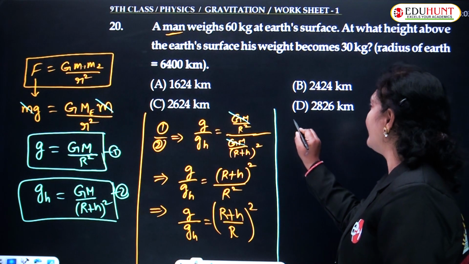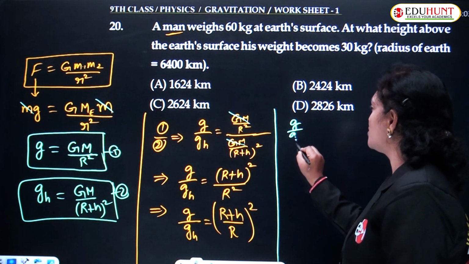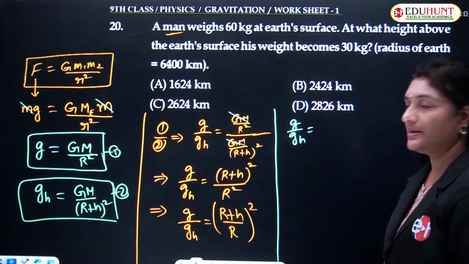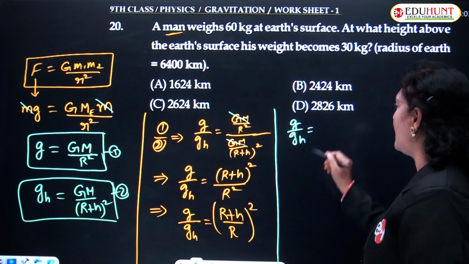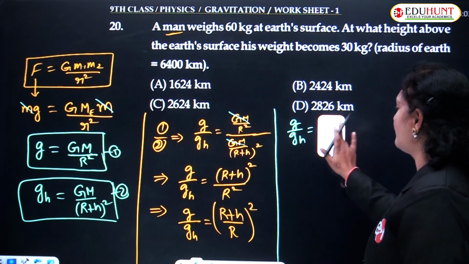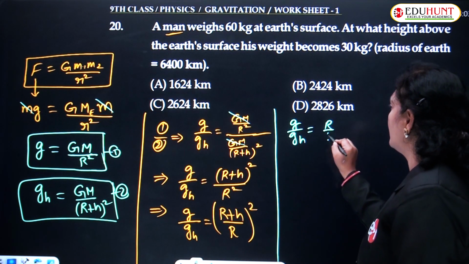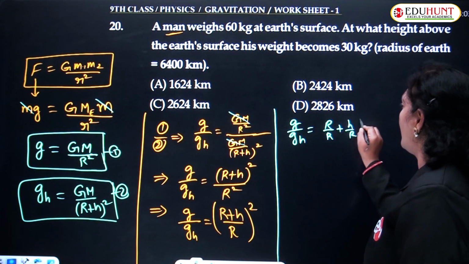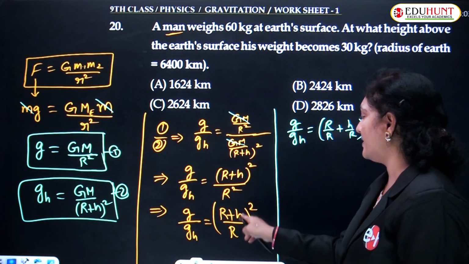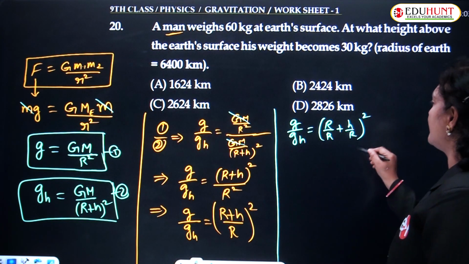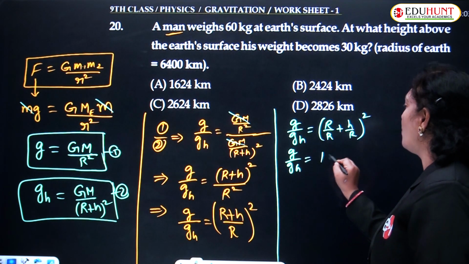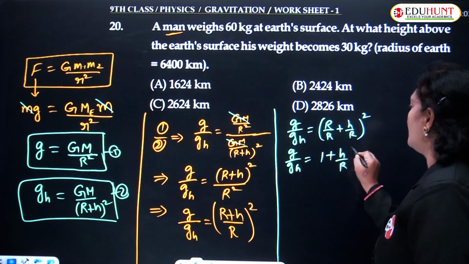Taking the LCM and separating the variables, R upon R is taken as 1, plus h by R. So the denominator is common for both, R for R and h for R. So g upon gh is taken as (1 plus h by R) whole square.